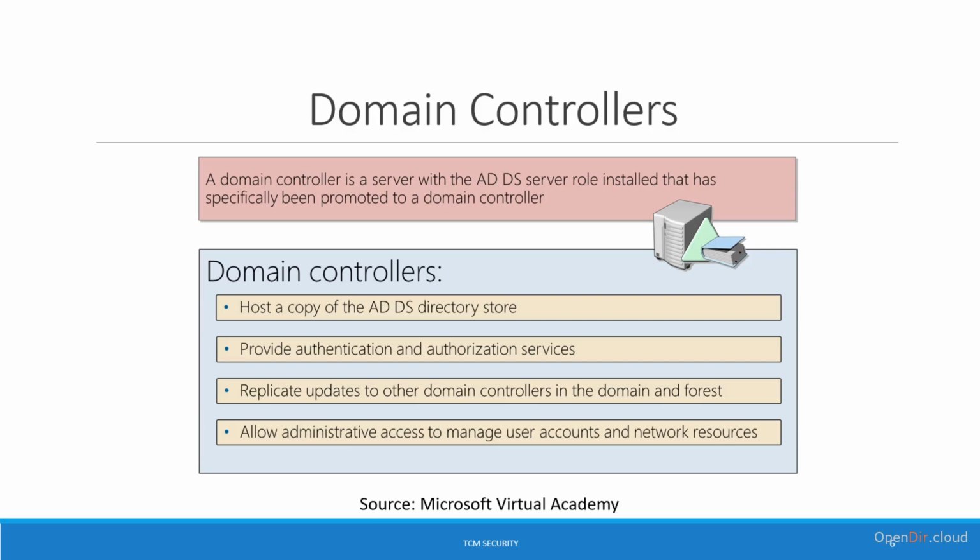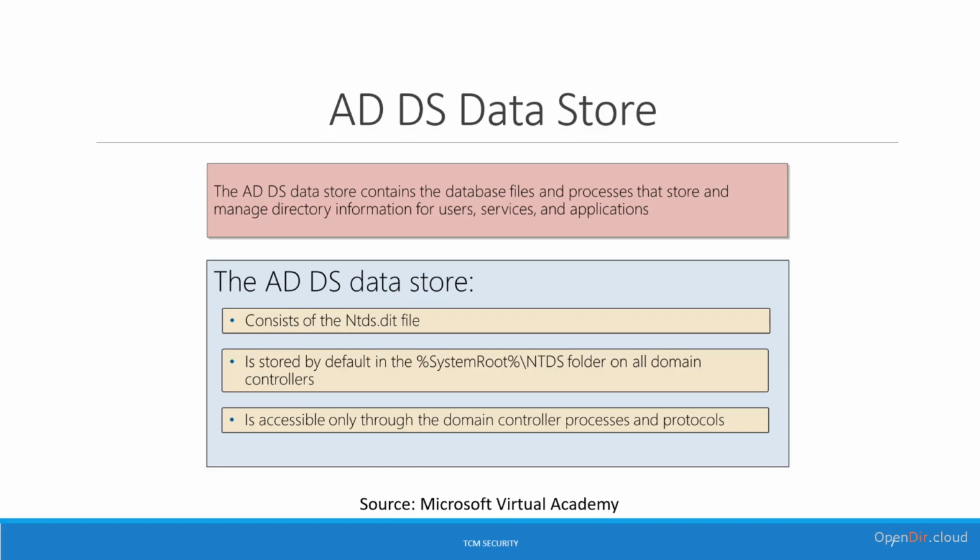Now, from here, let's also talk about the Active Directory data store. The big takeaway is that it holds this file called ntds.dit, D-I-T. Okay, and this file is very sensitive. Typically, when you compromise a domain controller, you want to grab this file. Why do we want to grab this file?